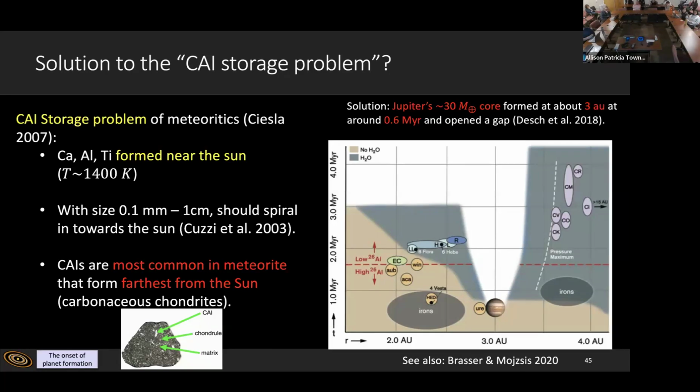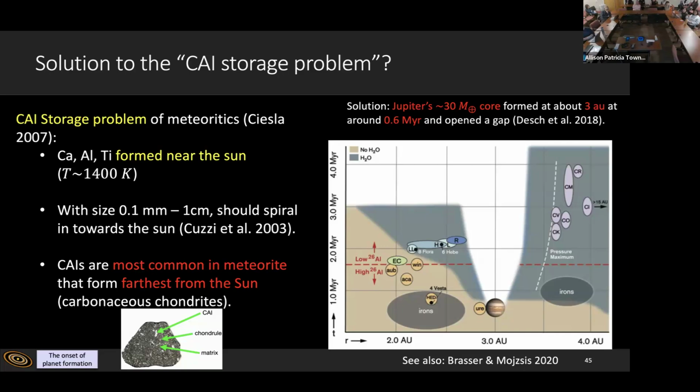In 2018, Stephen Desch at Arizona State University proposed a solution. He proposed that if Jupiter's 30 Earth mass core formed at around 3 AU and about 0.6 million years and opened a gap, then inside the gap the CAIs will spiral in towards the sun, and the CAIs outside Jupiter's orbit will be trapped and eventually be incorporated into carbonaceous chondrites.